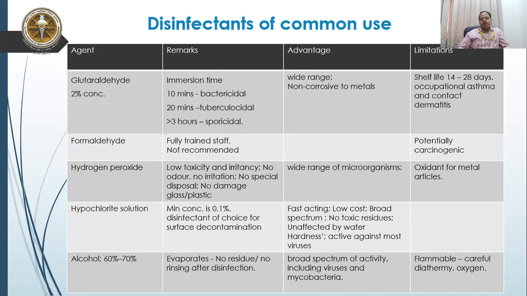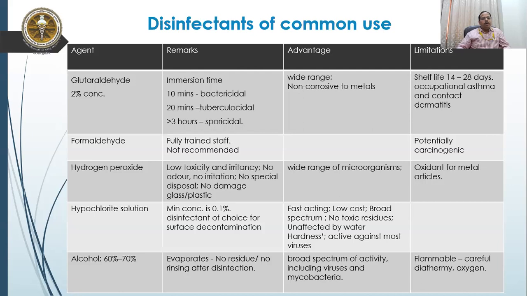Then let us talk about hypochlorite solutions. Easily available, low cost, fast acting. You know the bleaching agents. Bleach is hypochlorite, sodium hypochlorite. The minimum concentration required is 0.1%, and this is the disinfectant of choice for surface decontamination. What is surface decontamination? Suppose I want to wipe the whole ventilator from the exterior, then I choose hypochlorite.